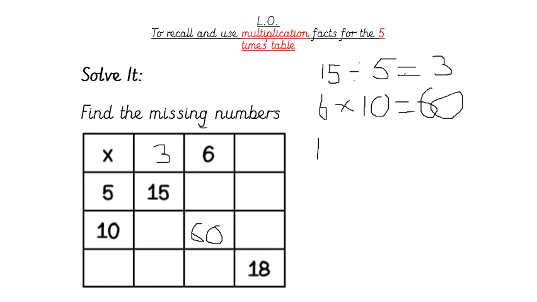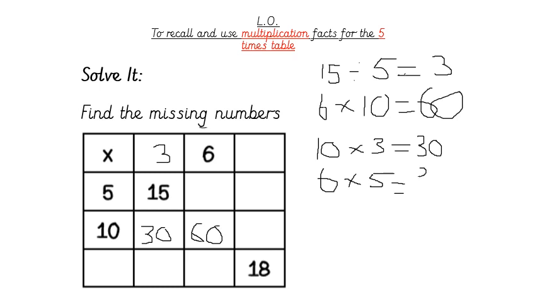So 10 times 3, or 3 times 10, equals, let's count the tens, 10, 20, 30. So that has to be 30. And then this one, 6 times 5, or 5 times 6. Let's count in 5s. 5, 10, 15, 20, 25, 30. Okay, so 30. So those numbers there, they all have to stay the same.